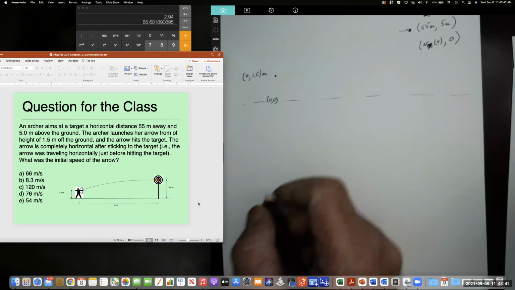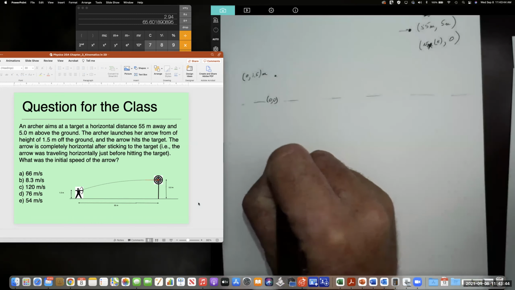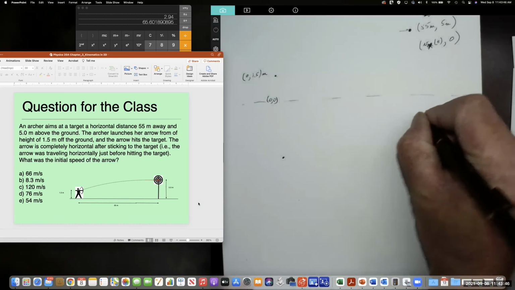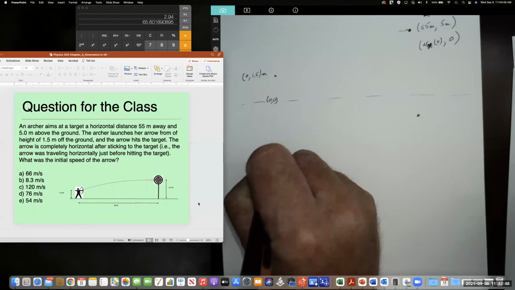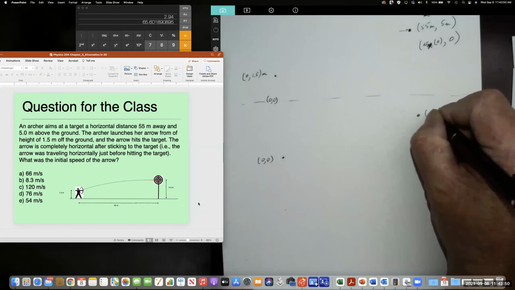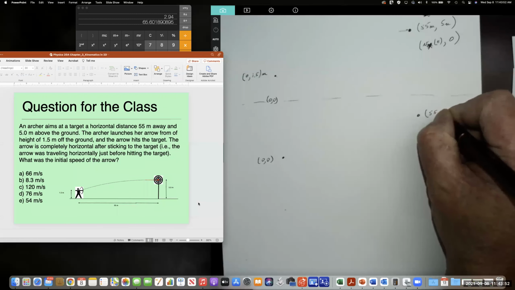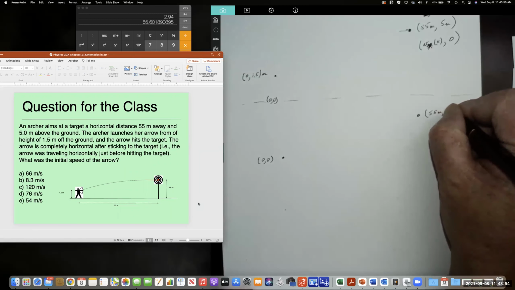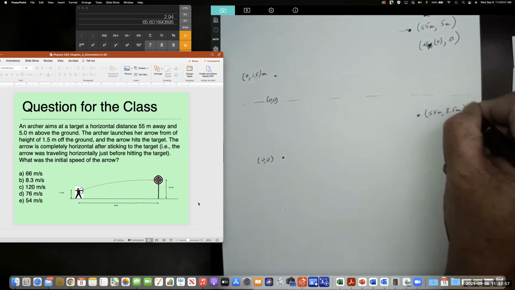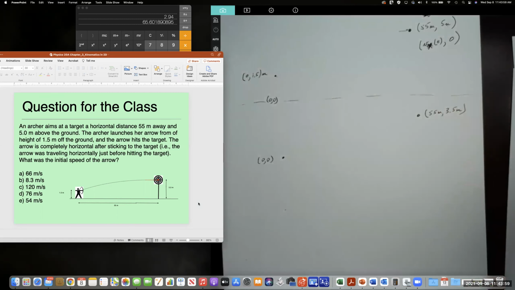So I'm just going to redraw this picture here. I'm going to call it 0, 0, and 55 meters and 3.5 meters. I only do that because it makes my kinematic equations of motion easier.